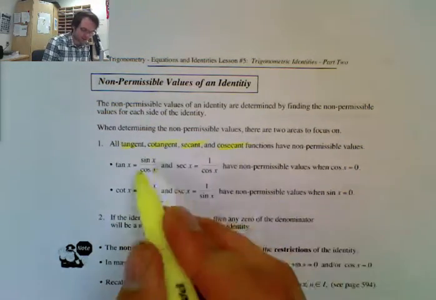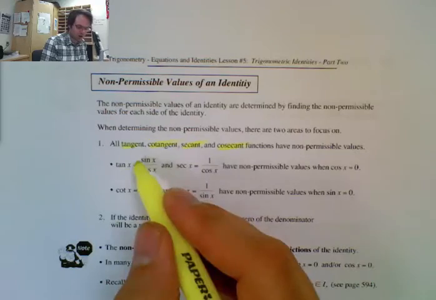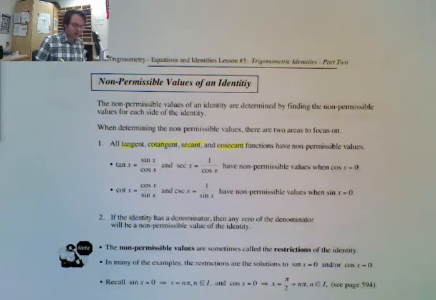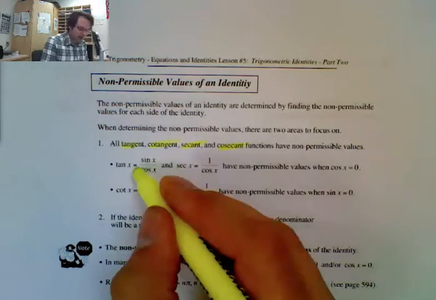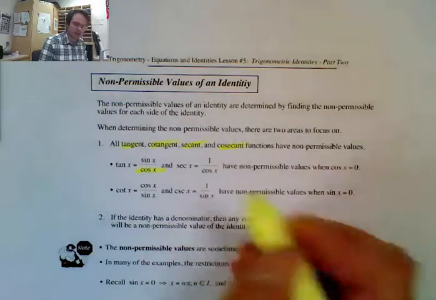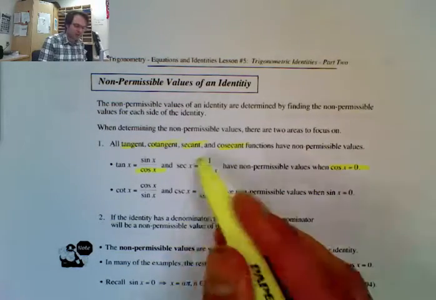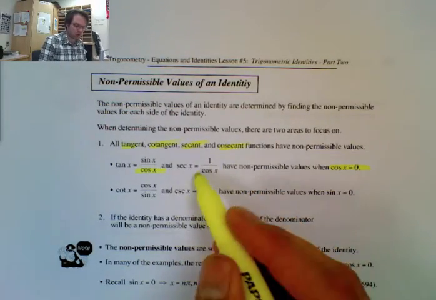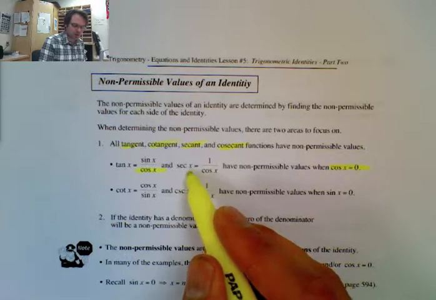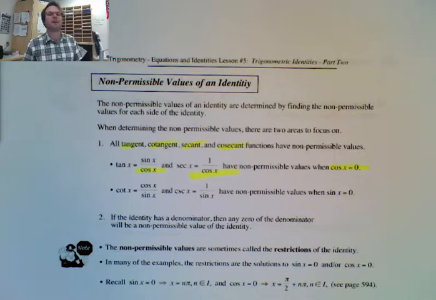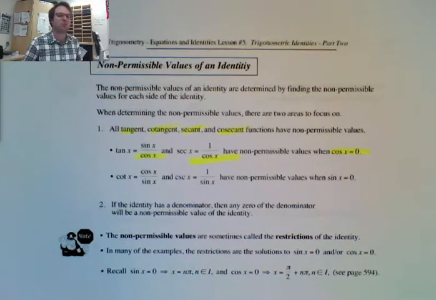For instance, tan x is equal to sine x over cosine x, so cosine x cannot equal 0. Just like secant x is 1 over cosine x, which cannot equal 0 because we can never divide by 0.